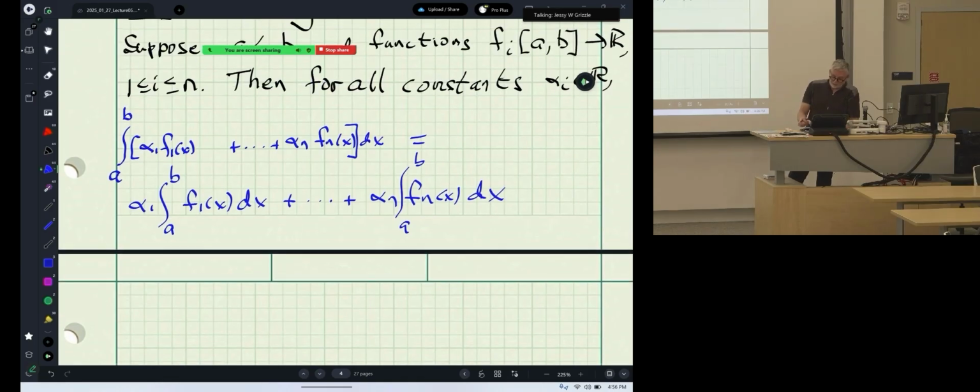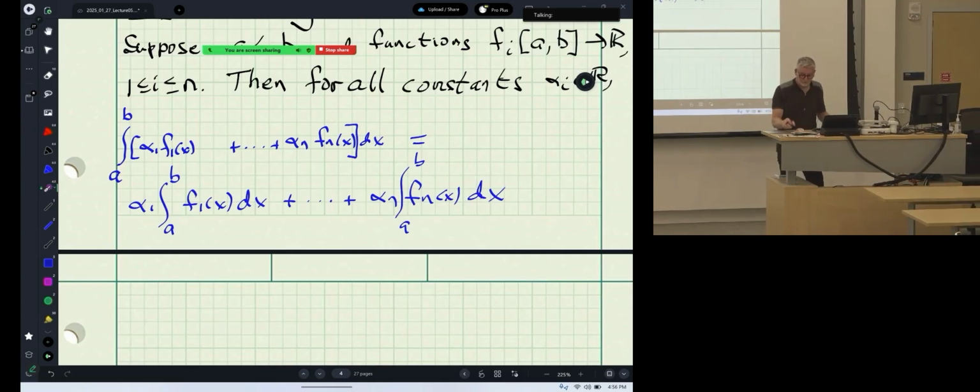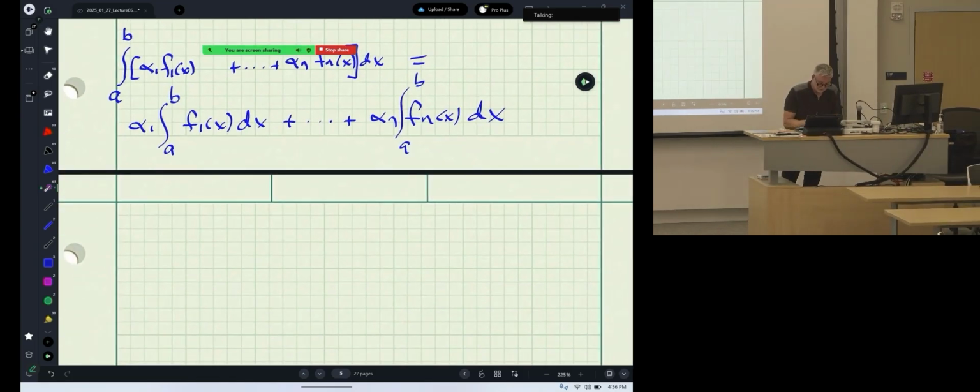Okay, so if we have a polynomial and we know how to integrate monomials, we can break up the polynomial and simply integrate the individual terms. Okay? So a polynomial is just a weighted sum.